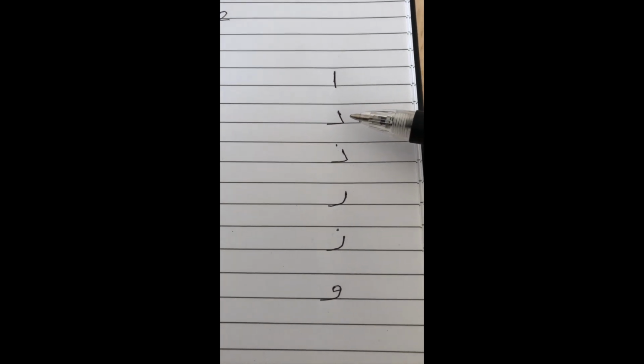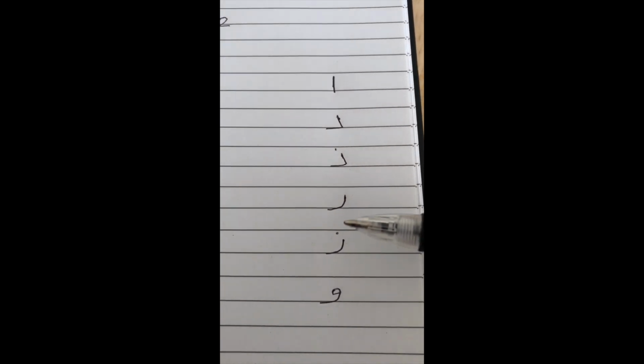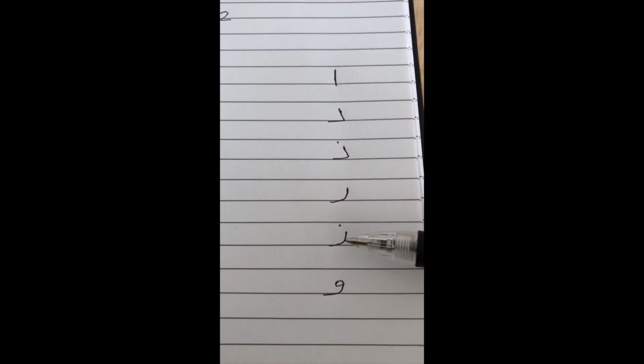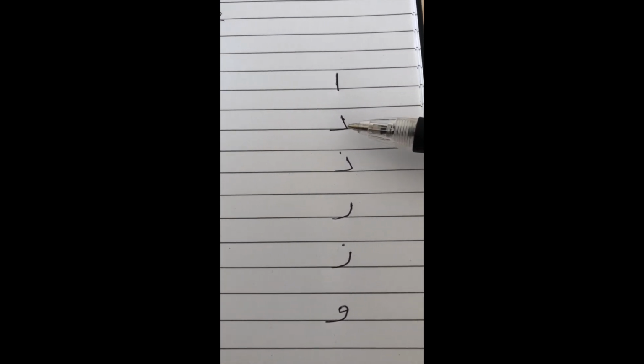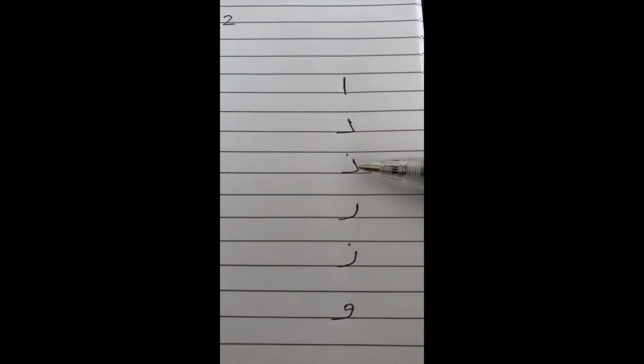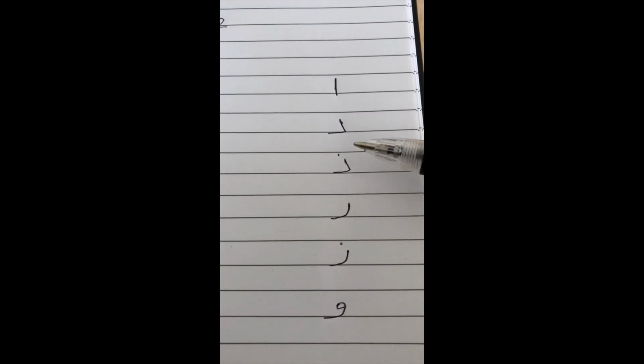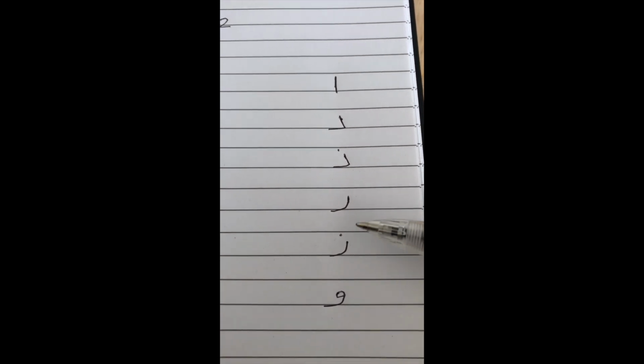Now, let's compare Dal and Dal to Ra and Zai. Dal and Dal have this corner here, while Ra and Zai have more a curved shape. So please don't get confused between these two and these two letters.